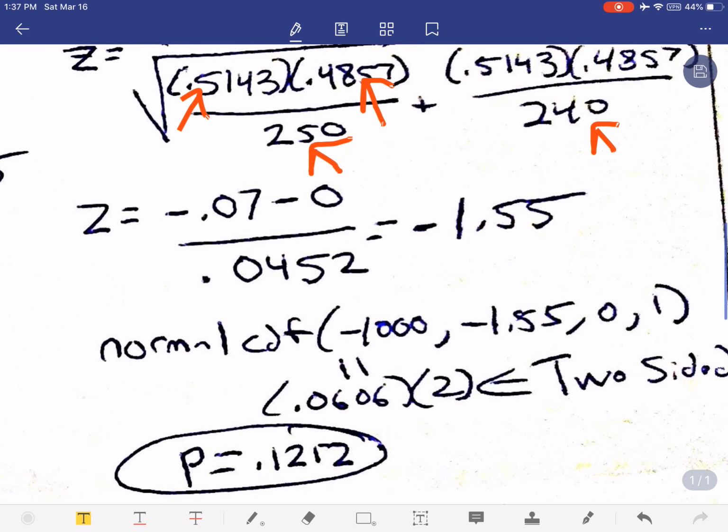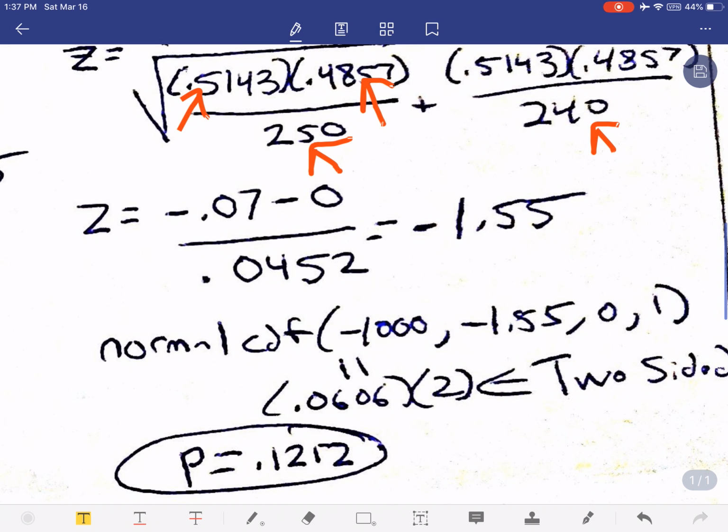So then we have to convert our z-score to a p-value. And remember, anytime we're converting to a p-value, we're always going to find the tail value of the curve. So if it's a negative z-score, we're going to find the left tail. If it's a positive z-score, we're going to find the right tail.